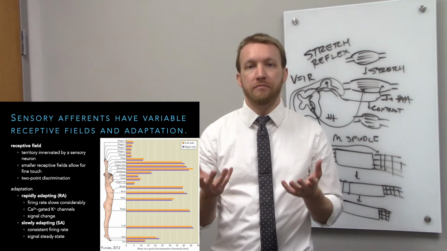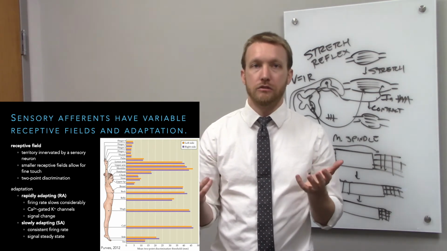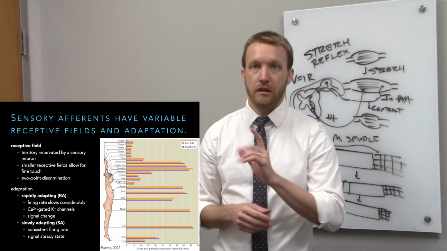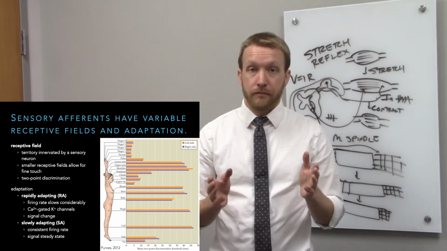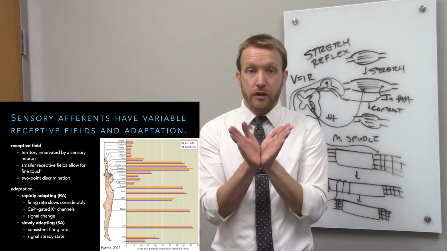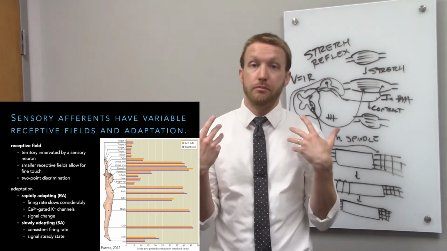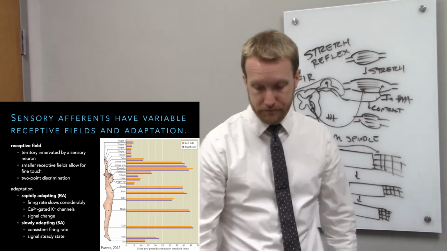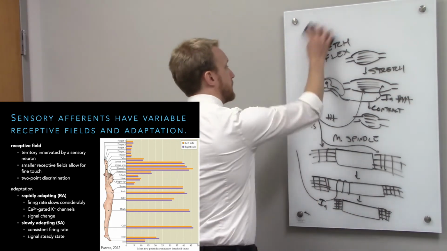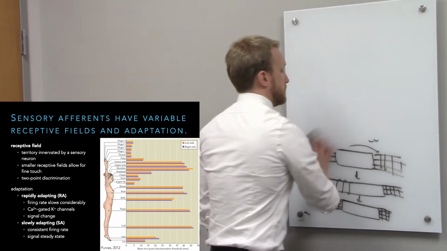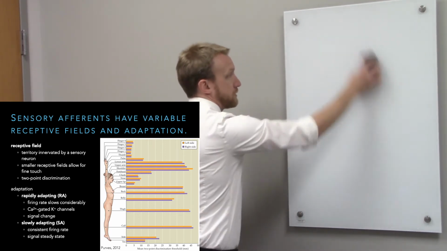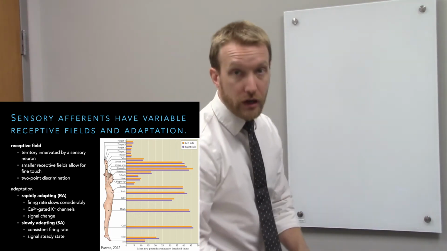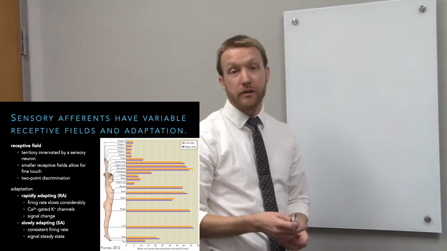And an easy way of measuring the density of innervation is the 2-point discrimination test. And that's what's shown here. So on the x-axis, that's just how far apart they had to spread 2 points in order for it to be perceived as 2 points. If a part of the body receives fewer sensory neurons, then each sensory neuron has to innervate a larger area of skin.